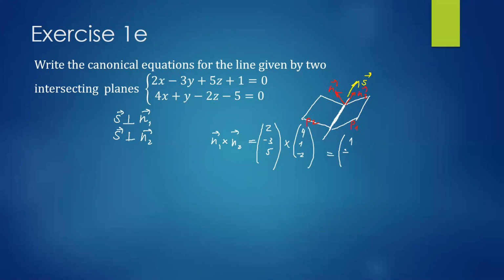Change the sign, it becomes plus 24. And finally, for the third coordinate, we use first and second. 2 minus negative 12 is positive 14. It cannot be simplified because one of the coordinates is already 1. So thus we have found the direction vector, 1, 24, 14.